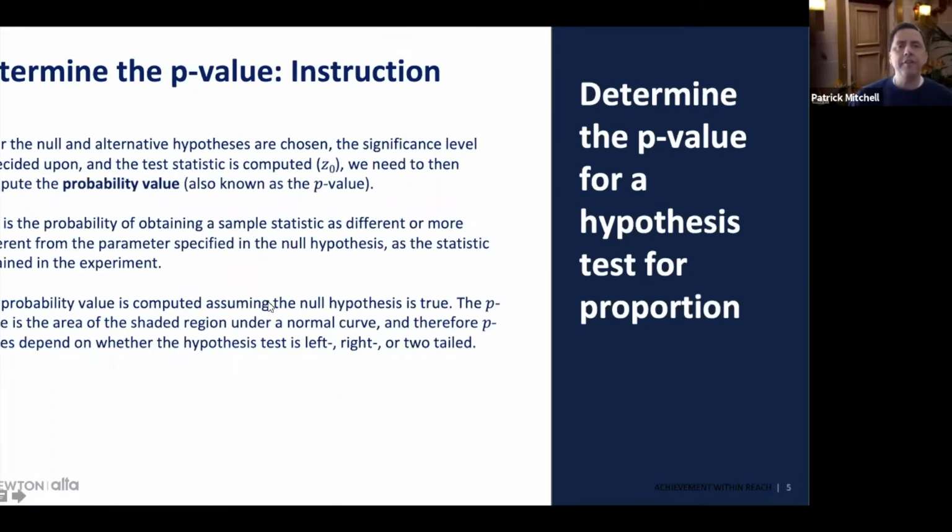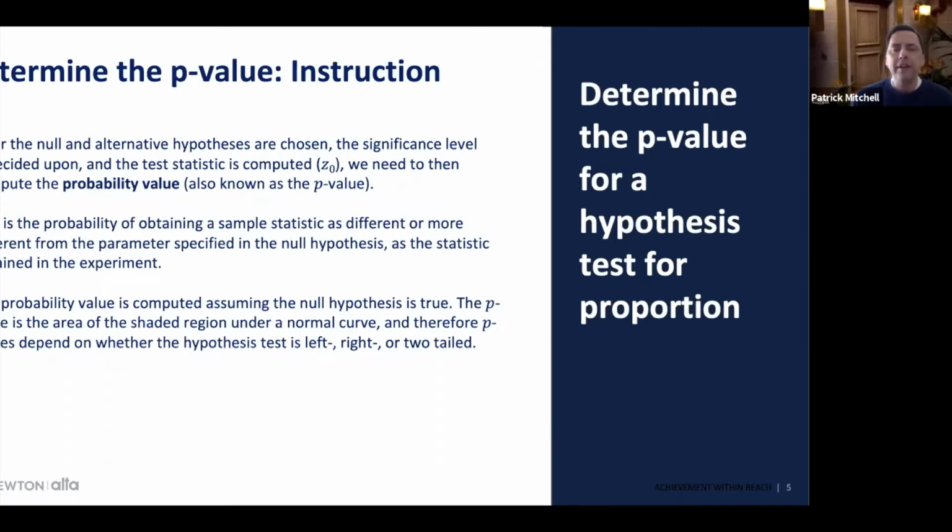After the null and alternative hypotheses are chosen, the significance level is decided upon, and the test statistic is computed, we need to then compute the probability value, usually known as the p-value. This is the probability of obtaining a sample statistic as different or more different from the parameter specified in the null hypothesis as the statistic obtained in the experiment.